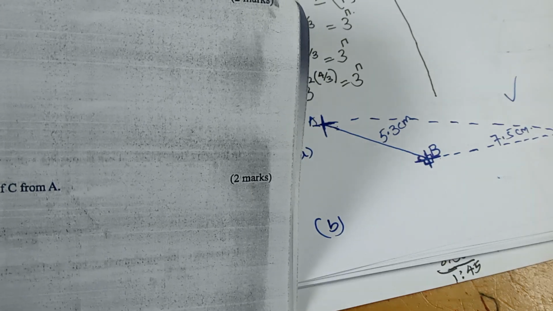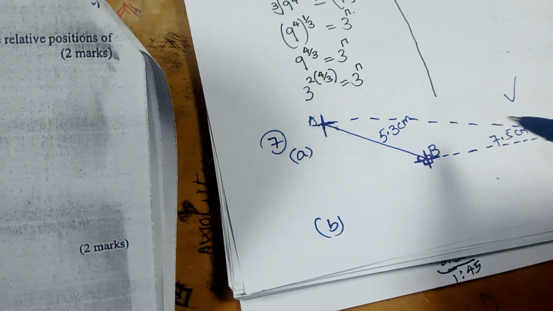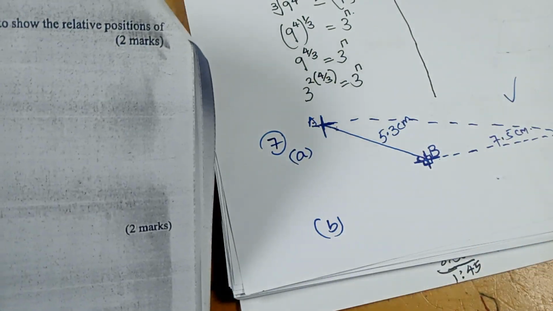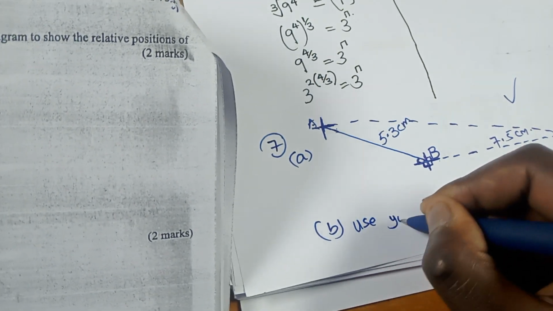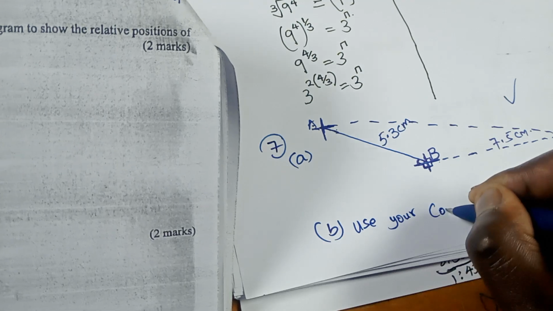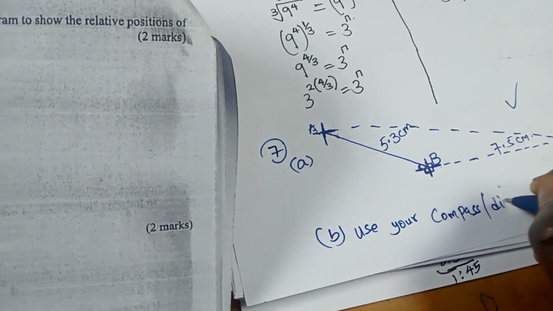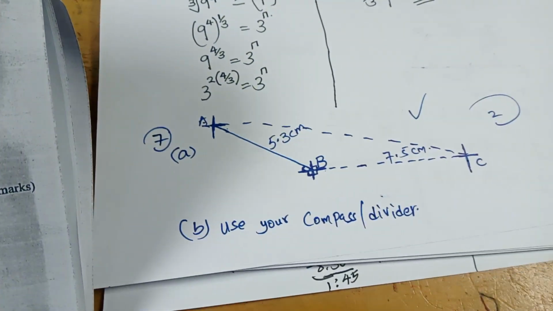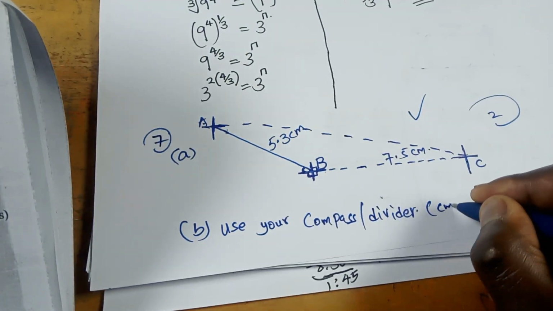Question B is saying, determine the distance in kilometers of C from A. When you have drawn it accurately, you are going to use your geometrical compass, or your divider, and measure the distance from A to C in centimeters.